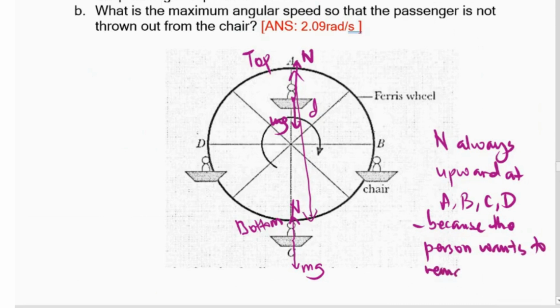You cannot say that it is pointing downward at the top and upward at the bottom. Wrong.